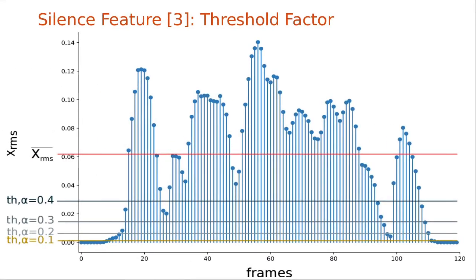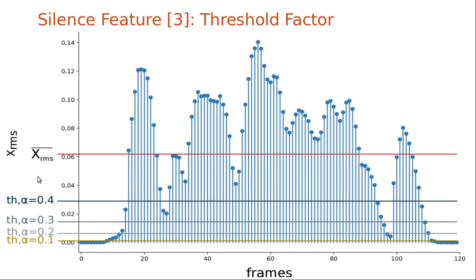And this is an example of calculation of silent frames by using different thresholds. As mentioned previously, that threshold factor is important in silence calculation. So here the red line is the average RMS energy in one utterance. For example, in one utterance there are 120 frames, and this is the average RMS energy.